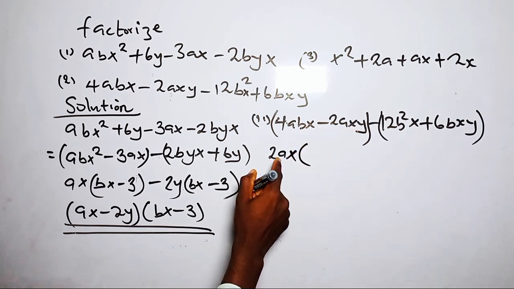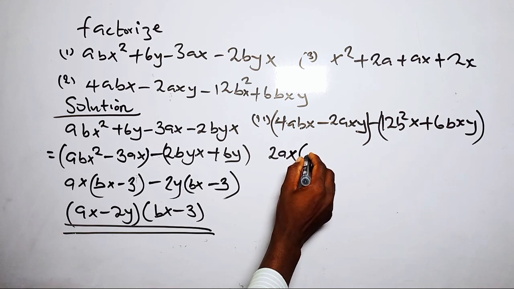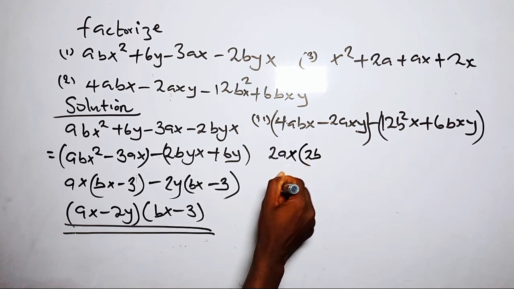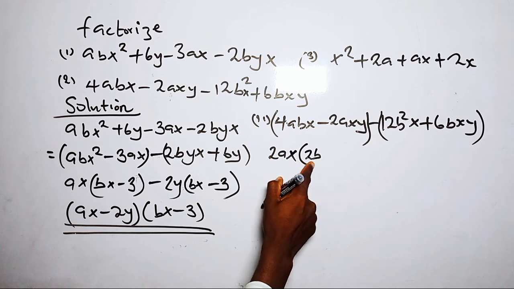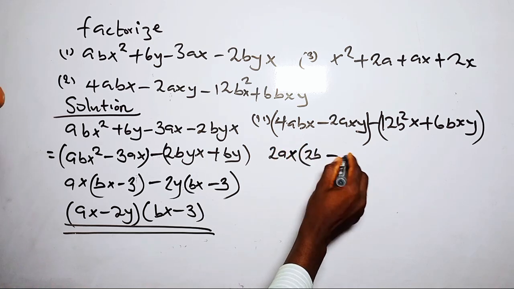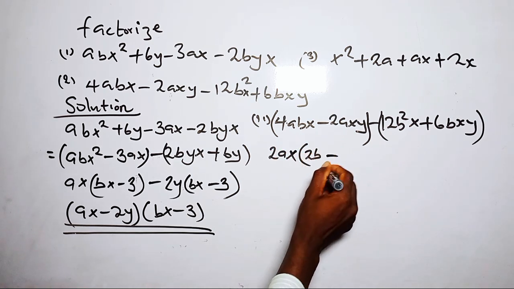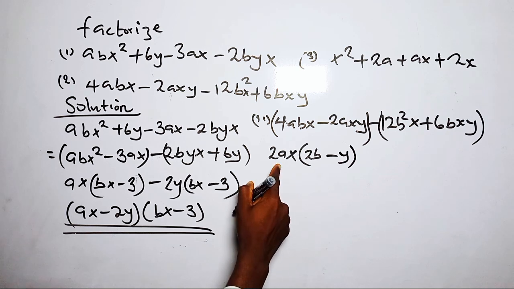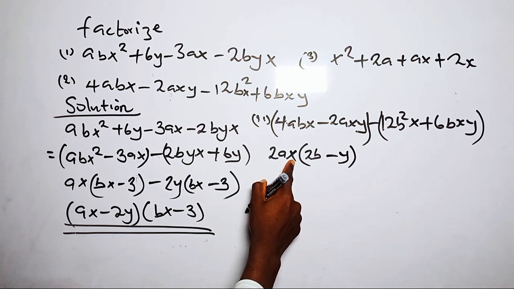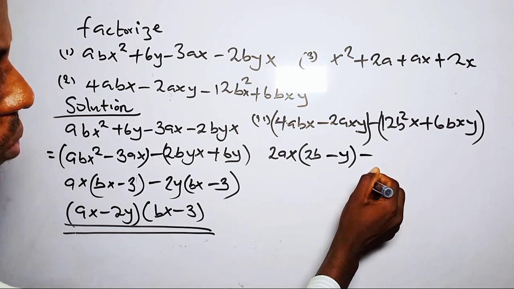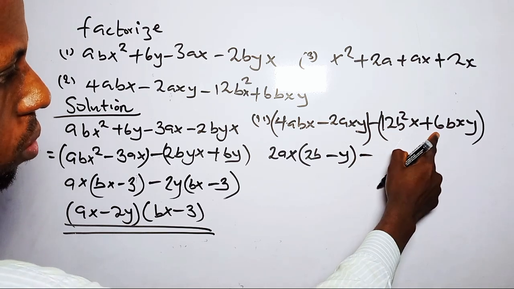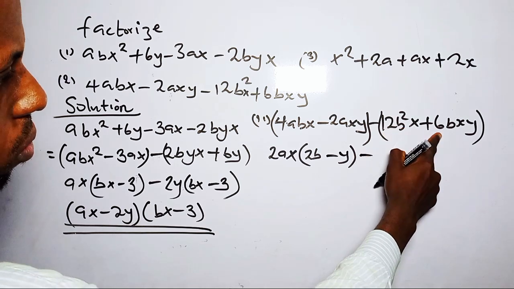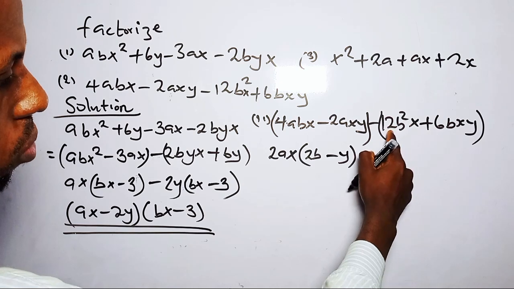Okay, into, so here we have 2b. Okay, for 2 times 2 is 4. Okay, so we have b minus, so when we look at this, we have y, since we have 2ax. Okay, minus, so when we look at this, we have 12b, we have 12, we have 6, so we can use 6, which is the highest common factor, to factor this out.